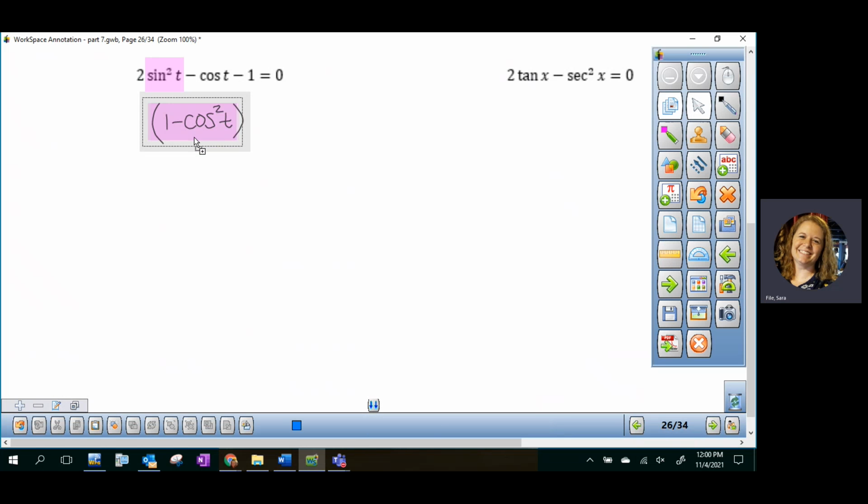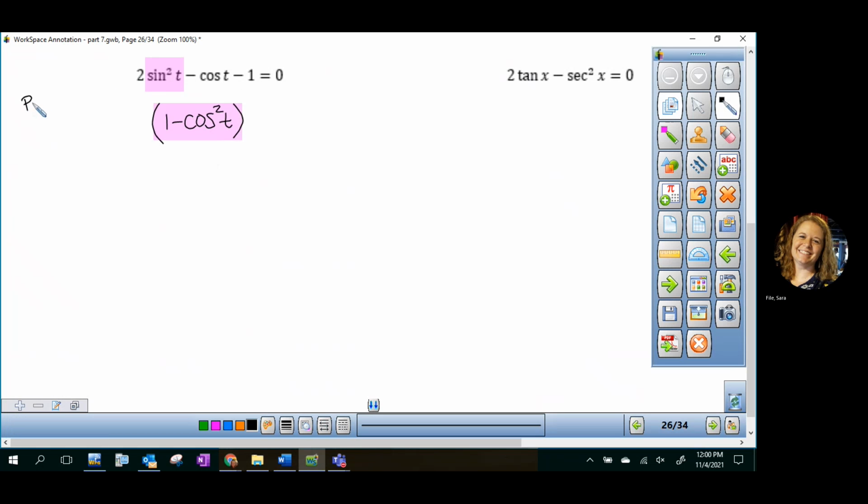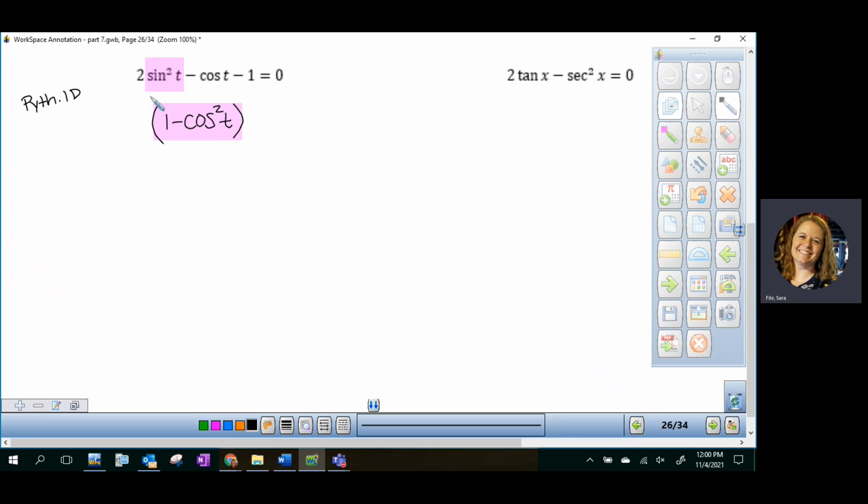Okay, so I'm going to make that substitution. Those two highlighted in pink are equivalent to each other because of the Pythagorean identity. Does that make sense? Now, everything else there stays the same. There's still a 2 in front of it.